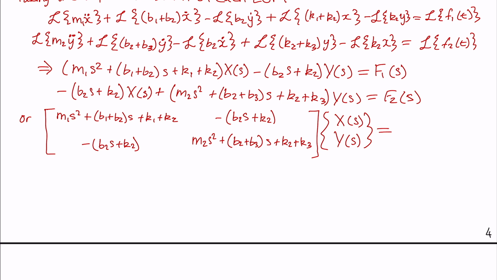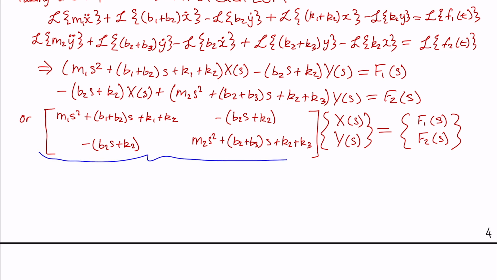is equal to f1 of s, f2 of s. I'm going to call this big matrix q of s. This vector here we'll say is z of s, and then we'll just call the forcing f of s.